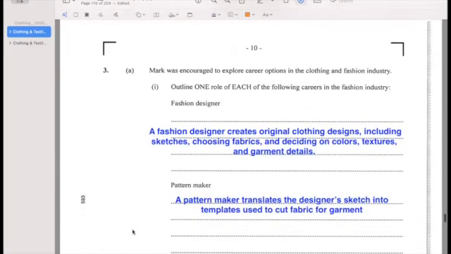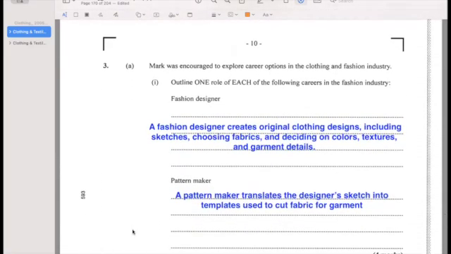4 marks. Number 3. Mark was encouraged to explore career options in the clothing and fashion industry. Outline one role of each of the following careers in the fashion industry, and he gave us fashion designer.